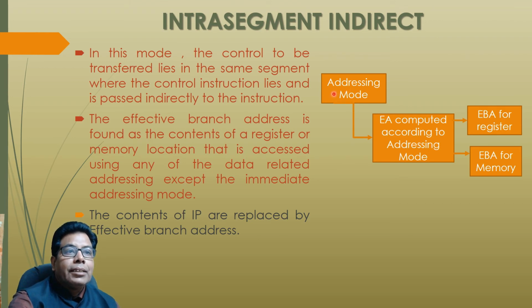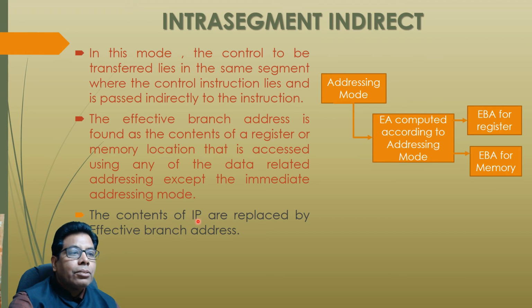Depending on the addressing mode, the effective address is computed, because that will calculate the effective address for the memory. And then this is the effective branch address for a register, or it will give the effective branch address for the memory.